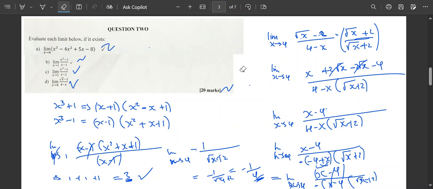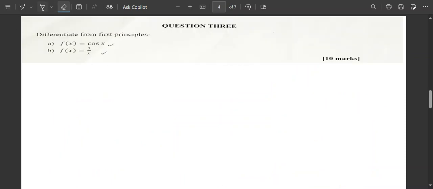Okay, let's go to the next thing. So this one is telling us to differentiate from first principle. So what we need to know is that the first principle will be given as lim as h approaches 0 of f of that function you'll be having plus h minus the same function we have, then over h.